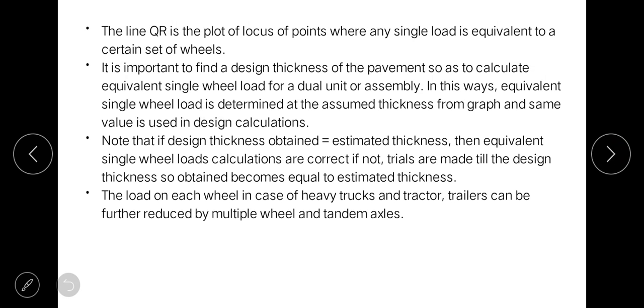If not, trials are made till the design thickness so obtained becomes equal to the estimated thickness. The load on each wheel in the case of heavy tractors can be further reduced by multiple wheels and tandem axles.